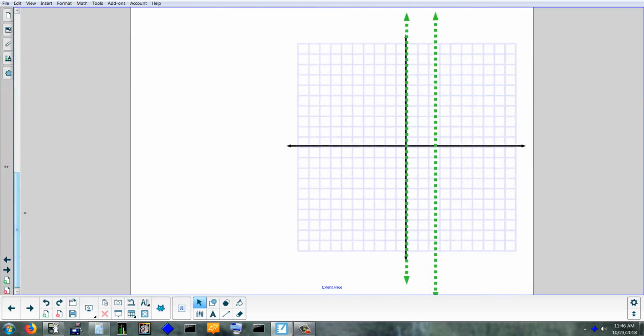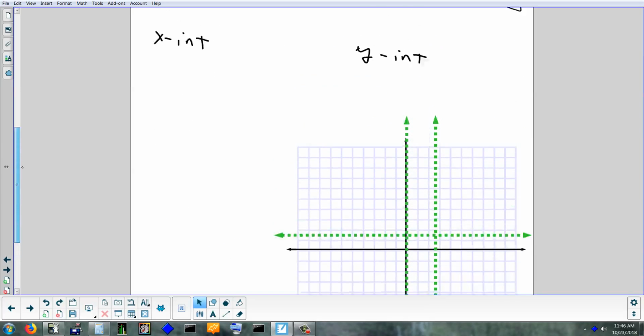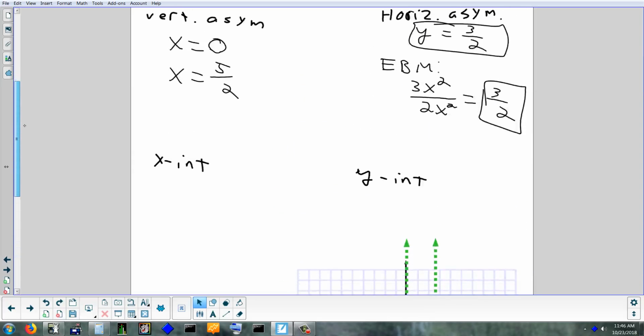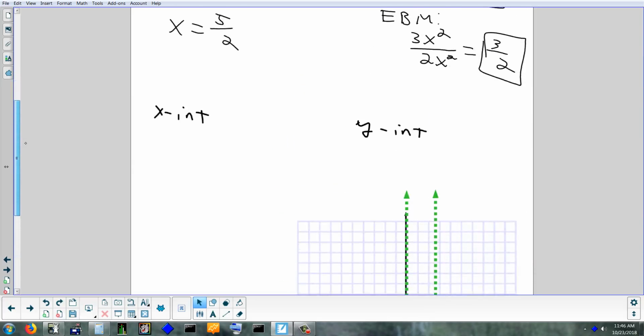Horizontal is at 1.5. All right, so let's put that right about there. Okay, so now we just have to figure out what's going on inside there. So the intercepts will help with that, and then the table on the calculator will also help.